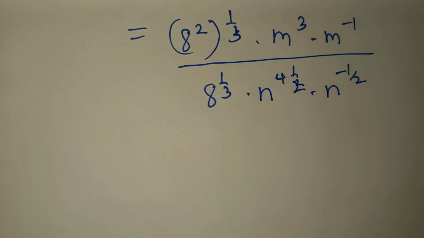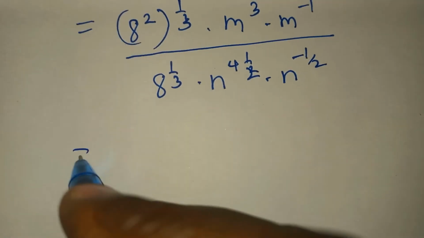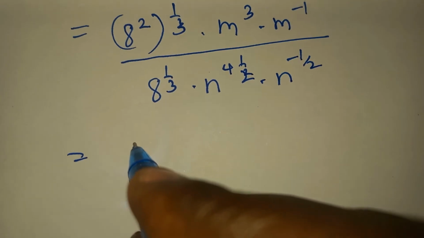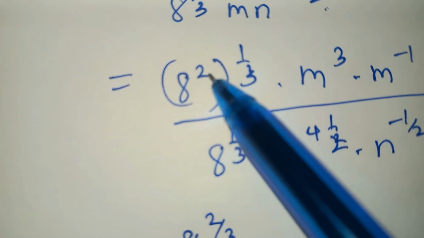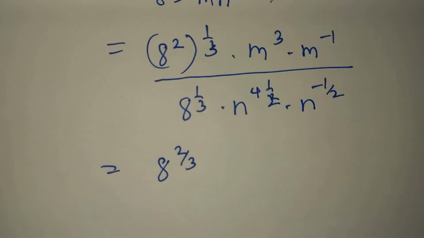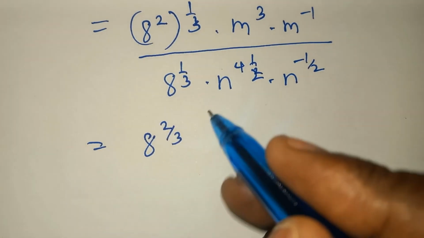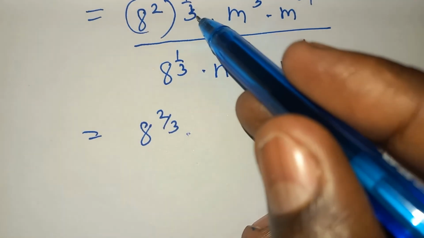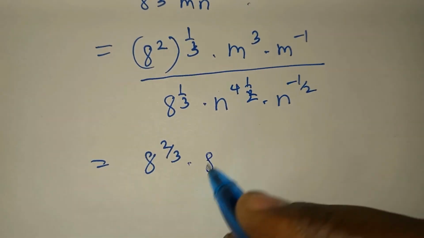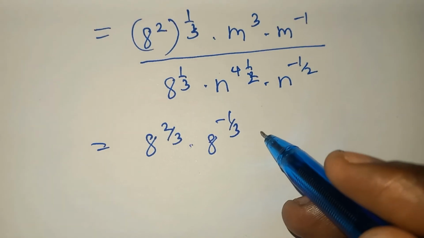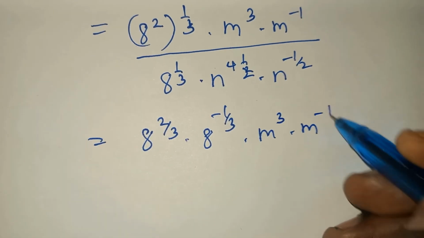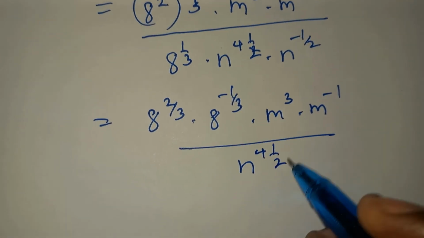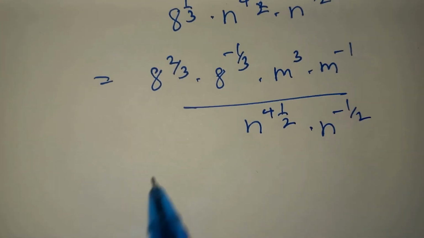Now, if we do that, we are going to have 8 to the 2/3. I have simplified 8 squared, everything raised to the power 1/3, using the power rule. And then I want to take 8 to the 1/3 upstairs as well. So we'll have 8 to the minus 1/3 multiplied by m cubed m to the minus 1 divided by n to the 4 and a half times n to the minus a half.